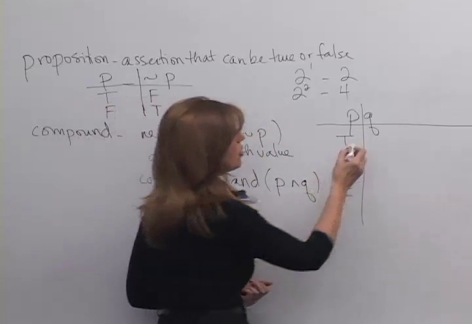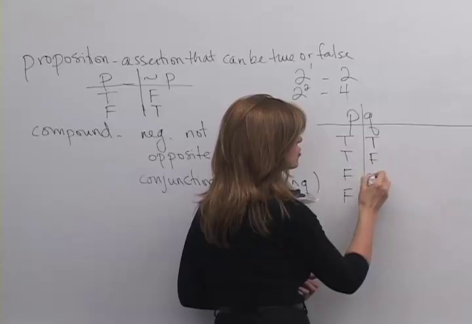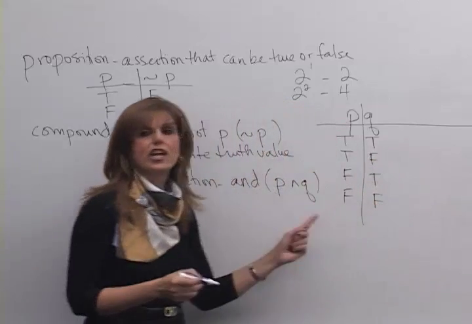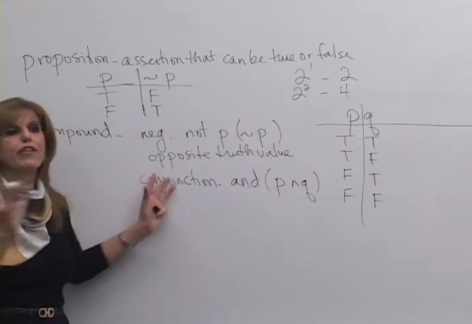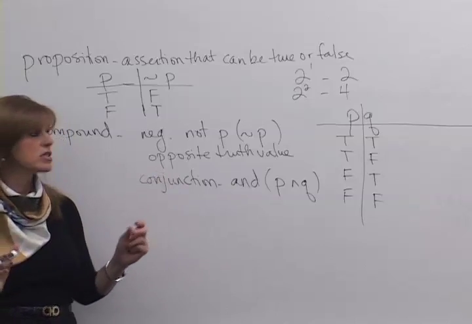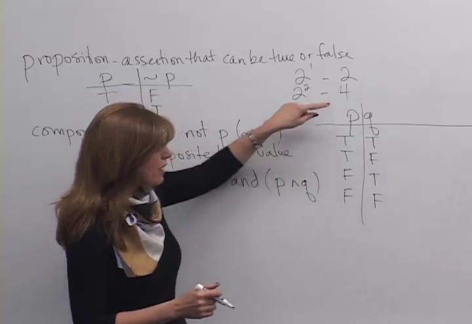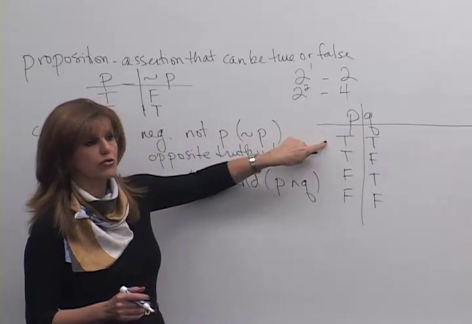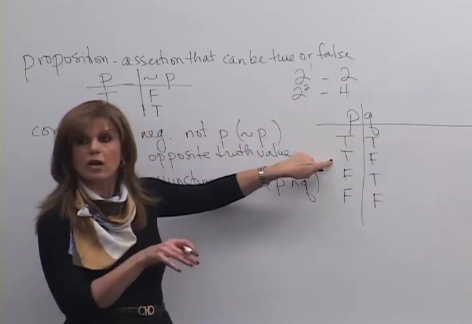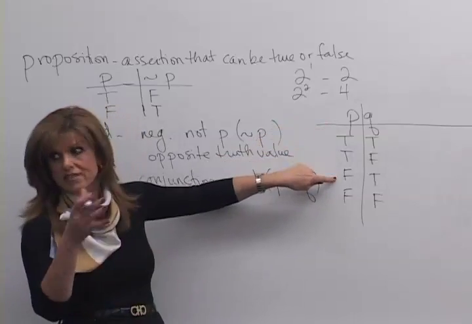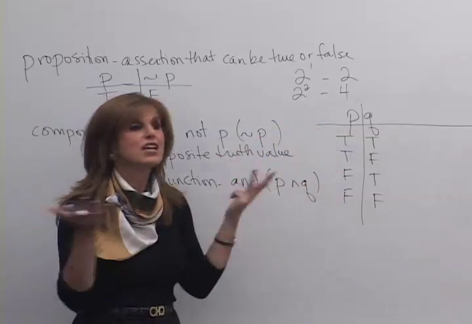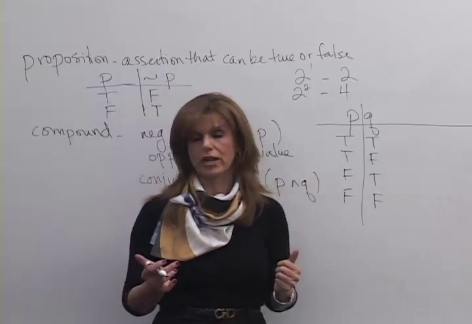And then under Q, you're going to alternate true, false, true, false. This only assures that you're going to have every combination of these variables. In other words, you're going to consider the value if both your variables are true. If the first one is true, the second one's false. First one is false, second one's true, or both of them are false. Those are the only combinations you can have.